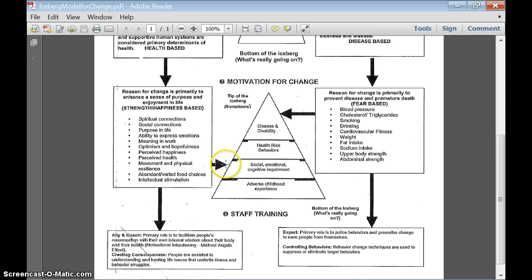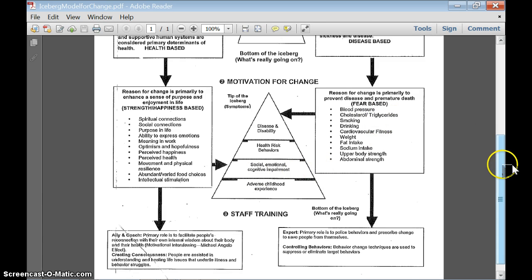So you've got to get below the surface and get into what are people's social connections, what is their purpose in life, what's happening at work. All of these things, all of these holistic factors influence whether or not people can do health behaviors, either starting or maintaining.